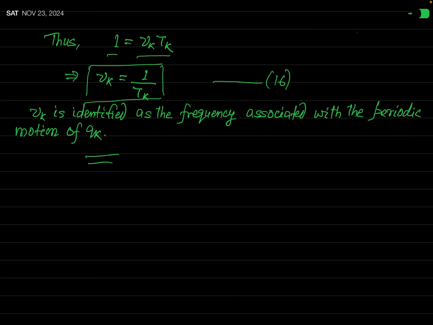So this is the usefulness of the action angle variable concept. But this is just a theoretical aspect. In the forthcoming lecture, I will talk about a very important problem, called Kepler's problem in action angle variables. Then how this concept is applied to solve the problem of periodic motion will be very clear to you.